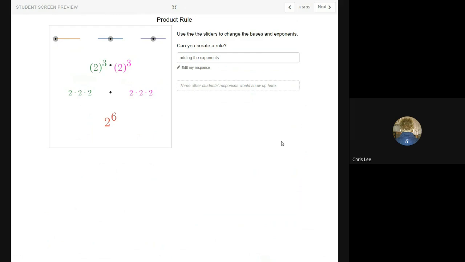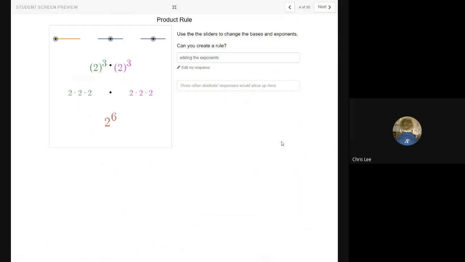You can use a little dot for multiplying, or you can put a times. 2 to the power of 2. What does 2 to the power of 3 mean again? It's 2 times 2 times 2. So this is 2 times 2 times 2.